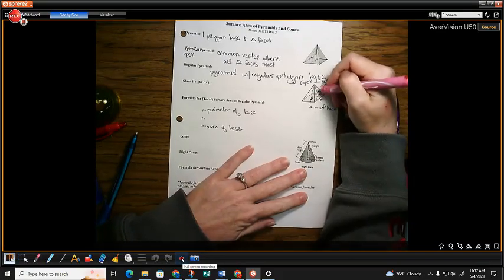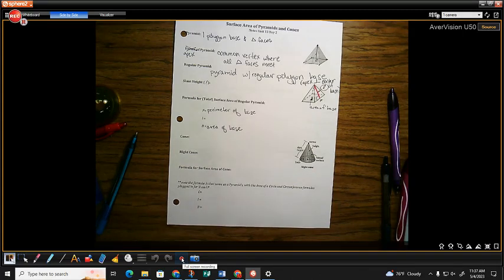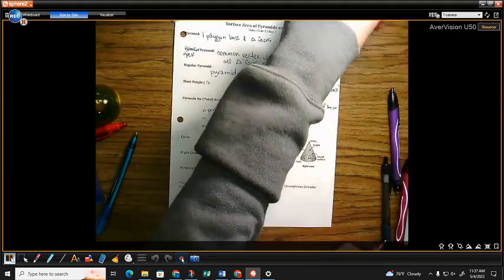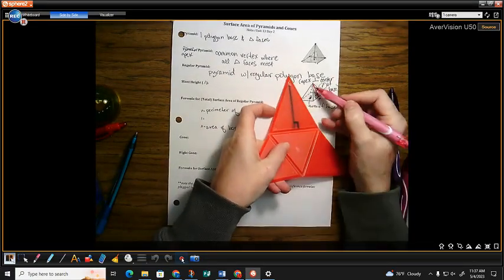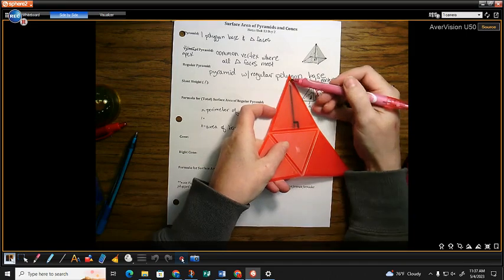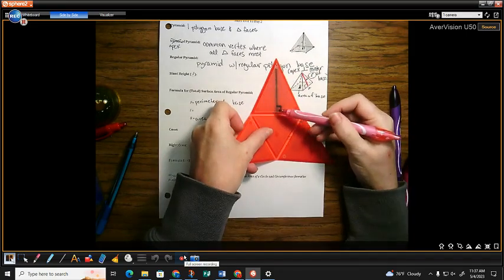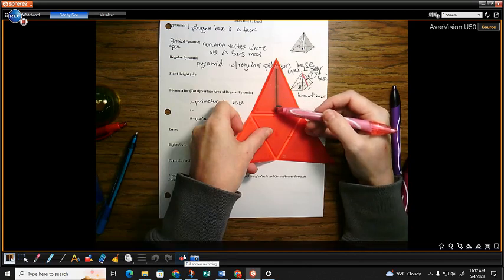Describe it. It's pointing to this right here. Okay, what do you think? The lateral distance between the side of the base and the apex. Yeah, let's keep it simple. That slant height is just the height of a triangular face.